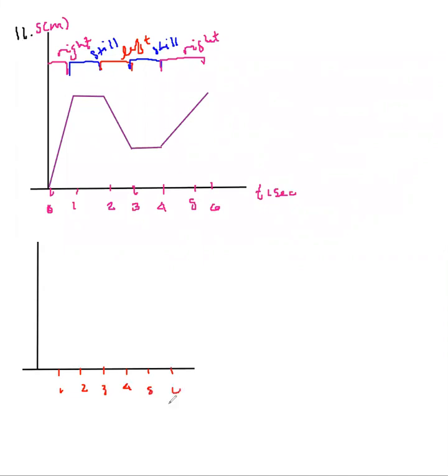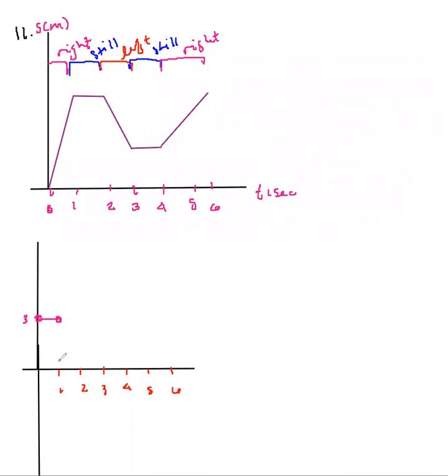I need to extend this a little bit further. So we have it moving to the right from 0 to 1. We'll call this 3, and our velocity is going to be like this.